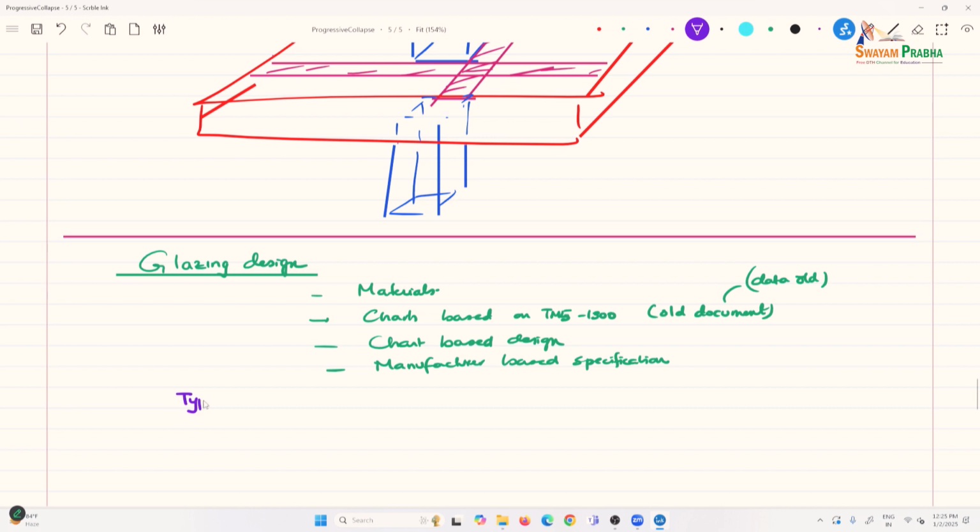Nowadays doors also, I know there is a lot of testing that has been done. Typically, you have security windows. Security windows are designed to resist three things. You are looking at forced entry.